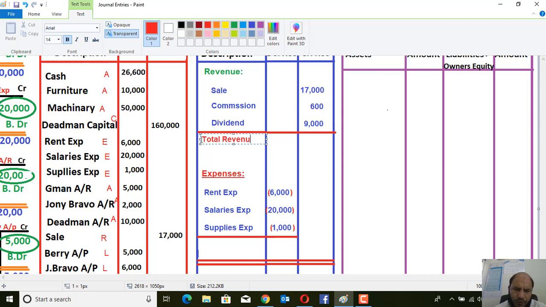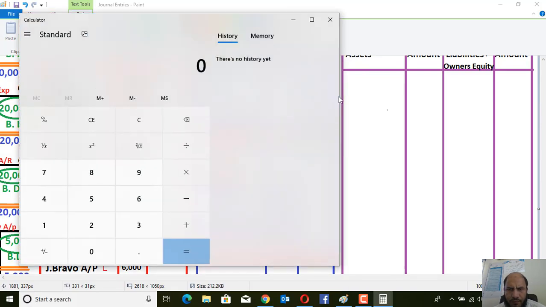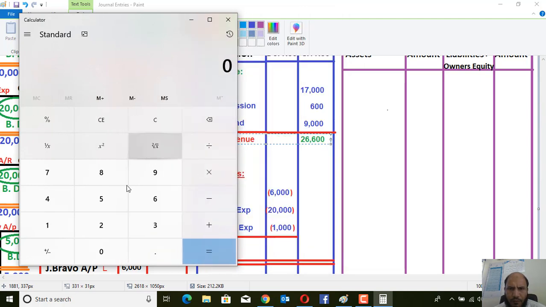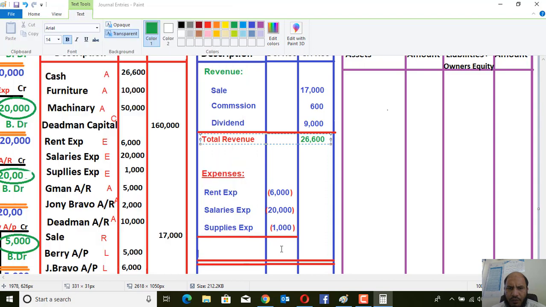Total revenue was equal to 26,600. Let me check this in the calculator. 17,000 plus 600 plus 9,000 gives 26,600.